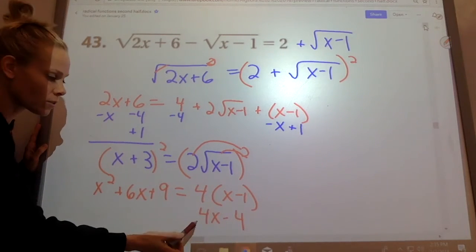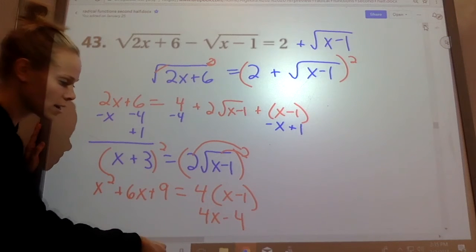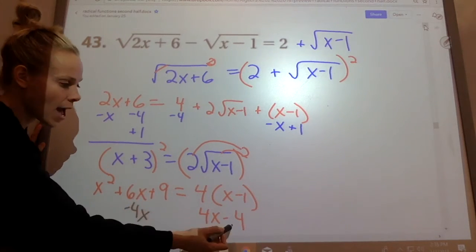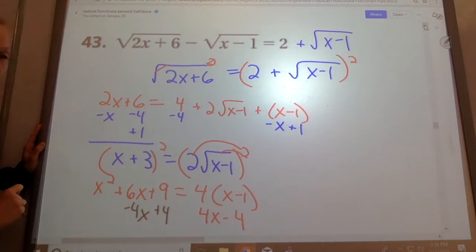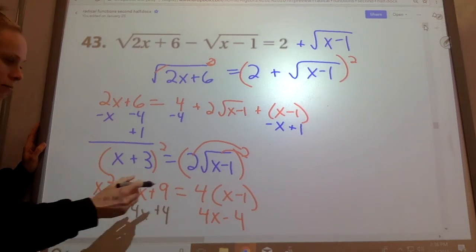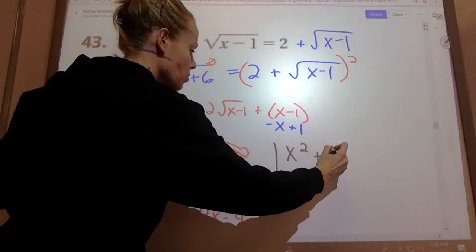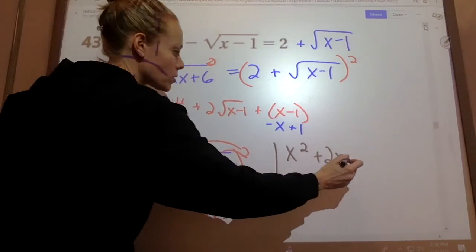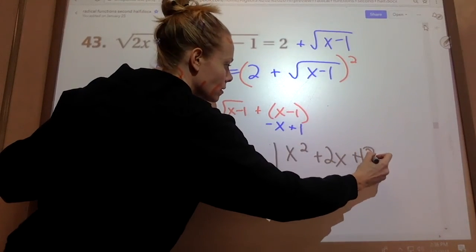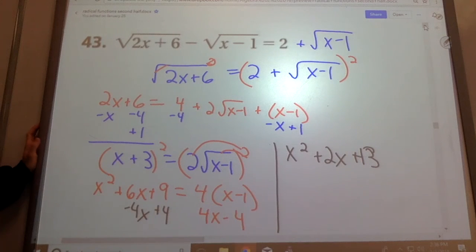So to get this set equal to 0, I have to subtract the 4x, add the 4, and then I'll have my quadratic. So I'd get x squared plus 2x plus 13. What do I multiply equals 13 but add equals 2?